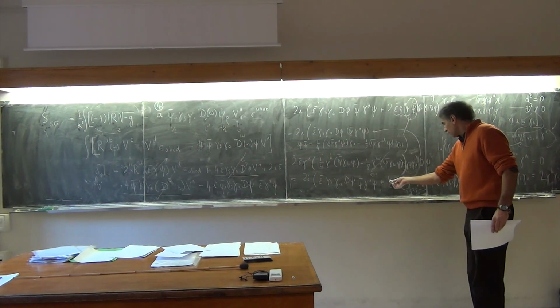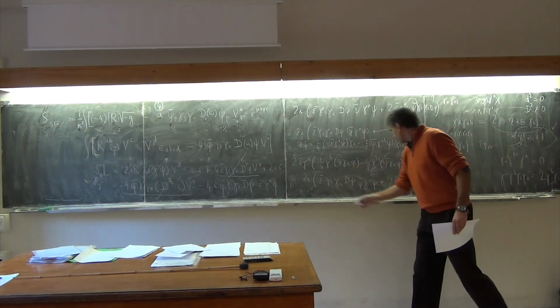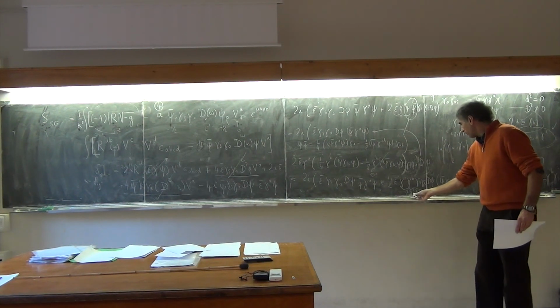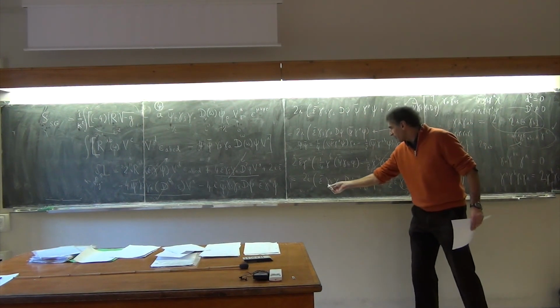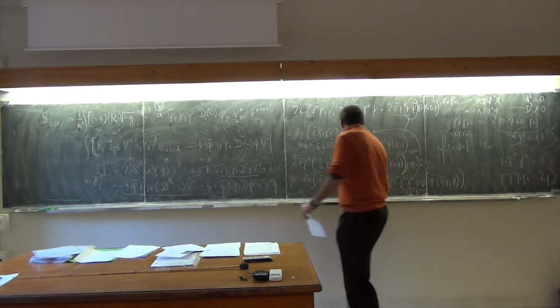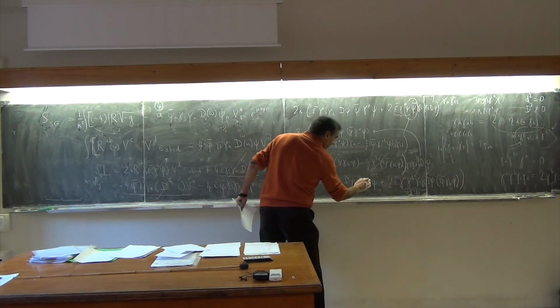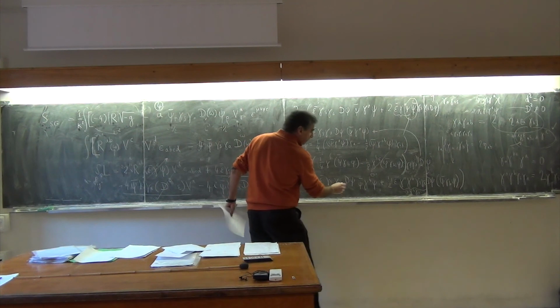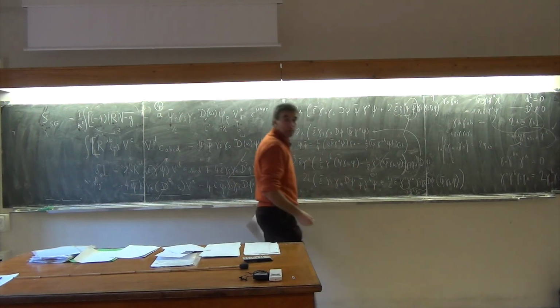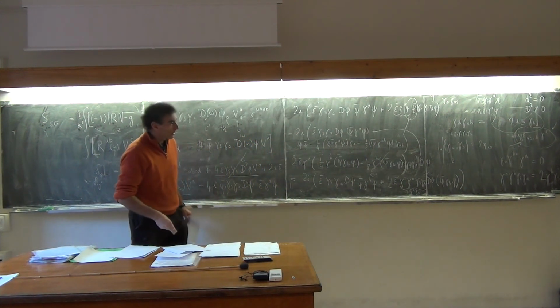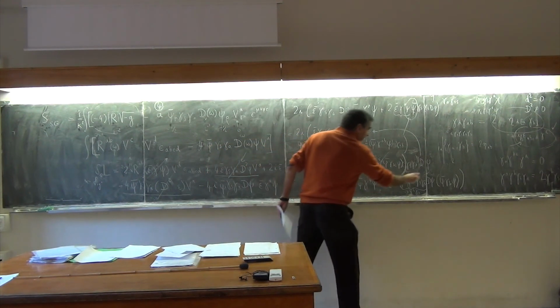The 2 goes with the 2 and gives you a factor of 1, and then you have gamma B, gamma 5, but here you have gamma 5, gamma B. Here you have gamma 5, gamma B, here you have gamma B, gamma 5. The 2 things have a relative minus sign, so these 2 terms finally cancel.